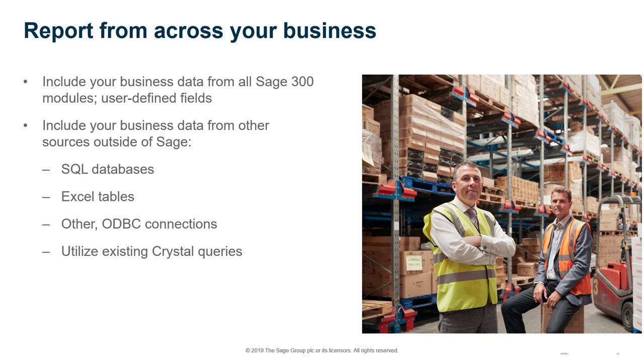Maybe you have data that's stored in Excel and you've turned that into a table. You can create a report off of that Excel table. So it's really flexible in how you can access information from across your business, and then you can picture a report that includes data from all these other sources and really have that true business intelligence feel, that true ability to make good, sound decisions from all that information.